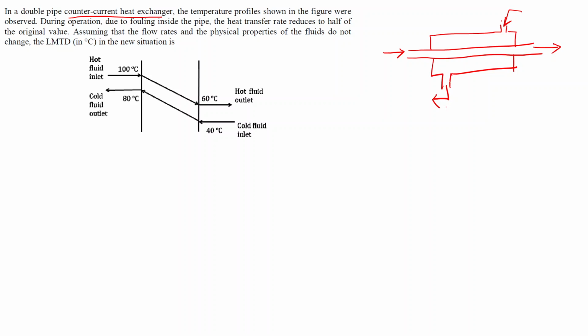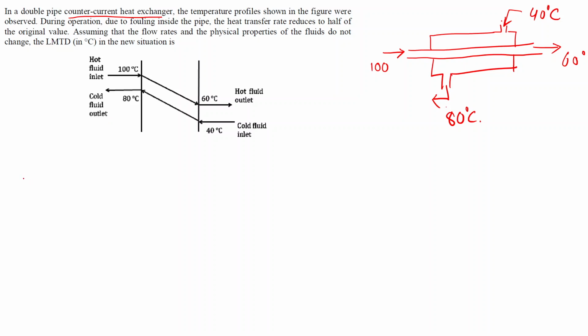Now, we have been given the temperature profile corresponding to that. So let's say the hot fluid is entering at 100 degrees Celsius and it leaves at 60 degrees Celsius. The cold fluid will enter at 40 degrees Celsius and leave at 80 degrees Celsius. Now we have been given that during the operation, due to fouling inside the pipe, the heat transfer rate reduces to half of the original value.